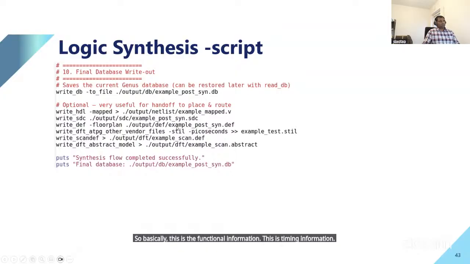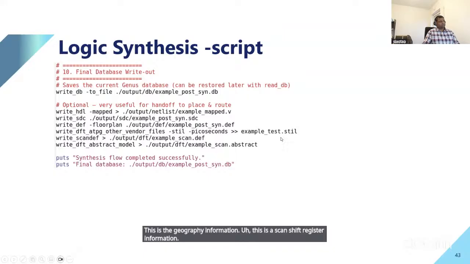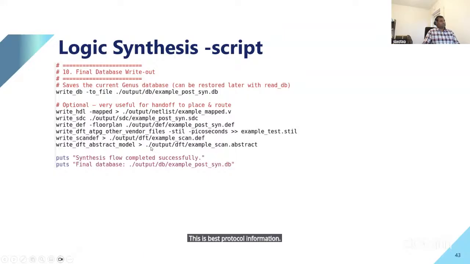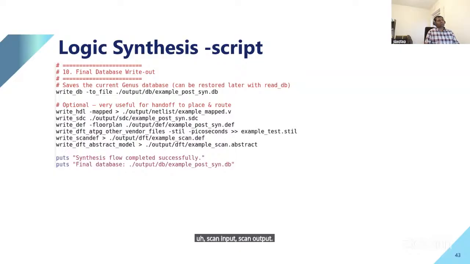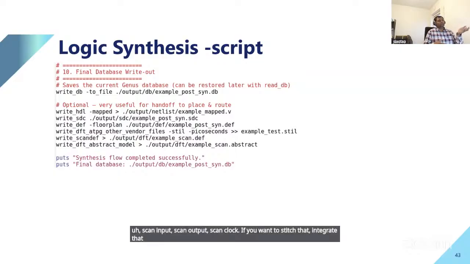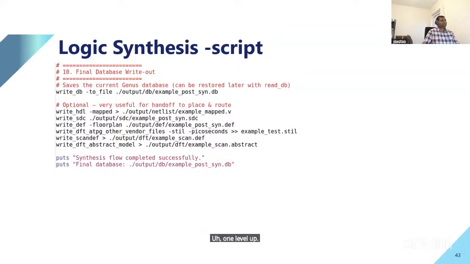This is the geography information. This is the scan shift register information. This is test protocol information. And this is scan structure information: who is the scan input, scan output, scan clock, if you want to stitch that, integrating it into the top level, one level up in another design.